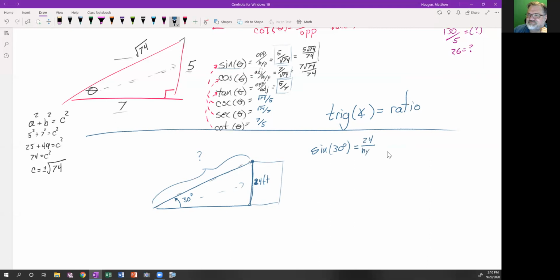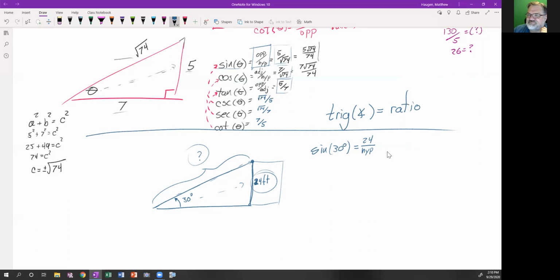I'm just going to write hypotenuse there. And why did I pick the sine function? Well, because I was told the opposite side, you want the hypotenuse, and that's what the sine function does. It tells us the relationship between opposite and hypotenuse. So we picked sine. If we had known the adjacent side or wanted the adjacent side, we might have picked cosine or tangent.